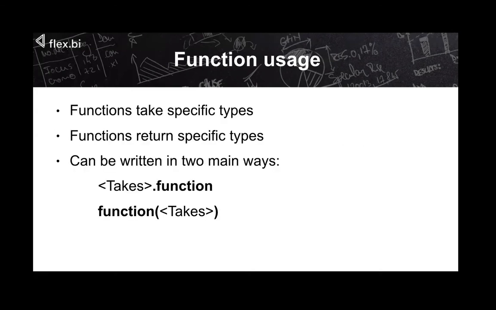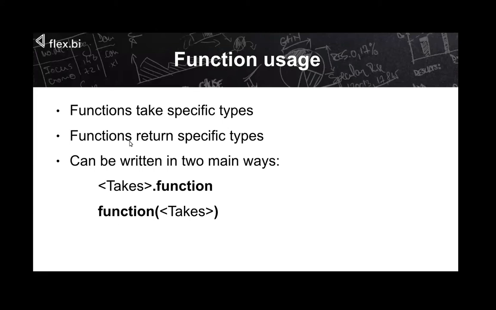In the previous webinar, we covered a little bit about function usage, and I'm just going to repeat that for you right now. The basics are that functions take specific values and they return specific values. Functions take something and then they do their operations that are specific to each function, and they return something.